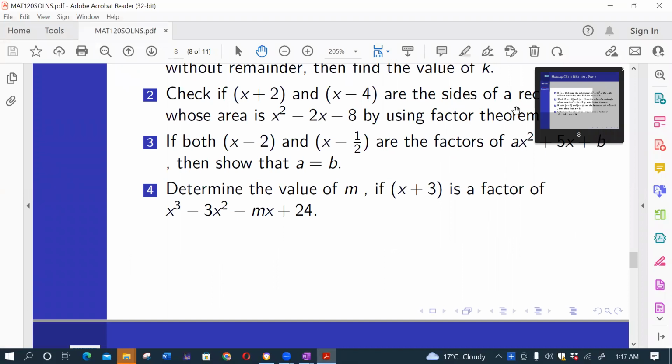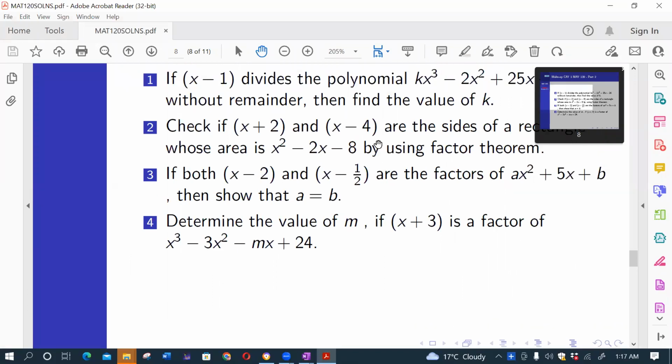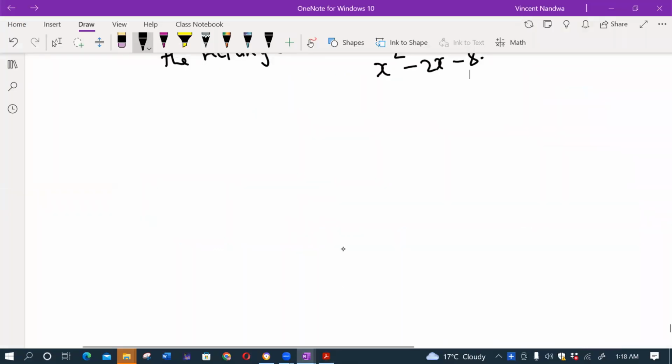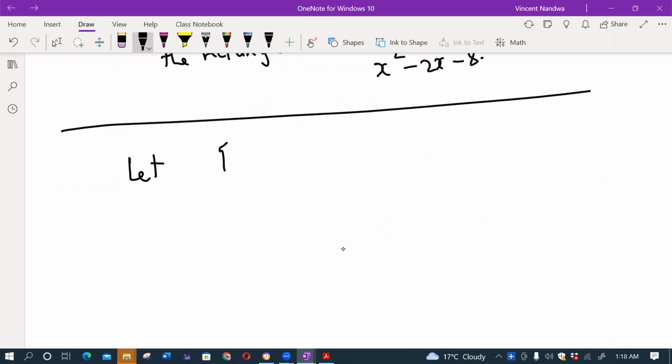Then if both x minus 2 and x minus a half are factors of this quadratic expression, show that a equals to b. So we are still applying factor theorem. Let p of x be given by ax squared plus 5x plus b.